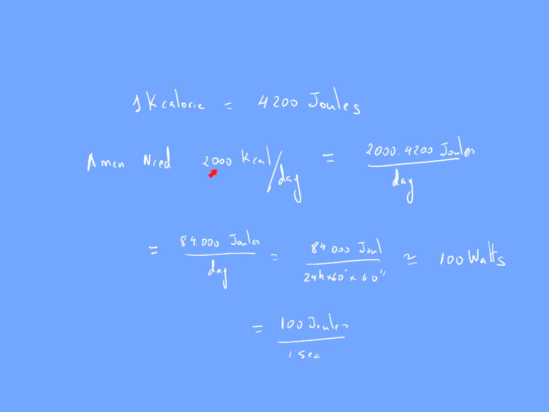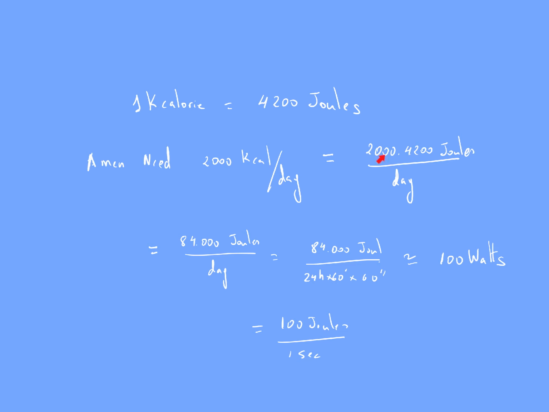So normally you need 2,000 kilocalories per day. That means that you need an amount of energy per day to survive.